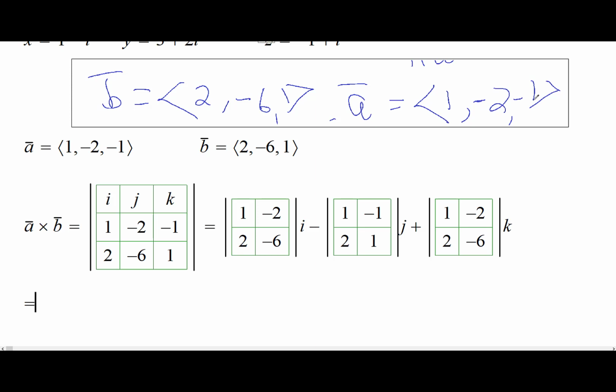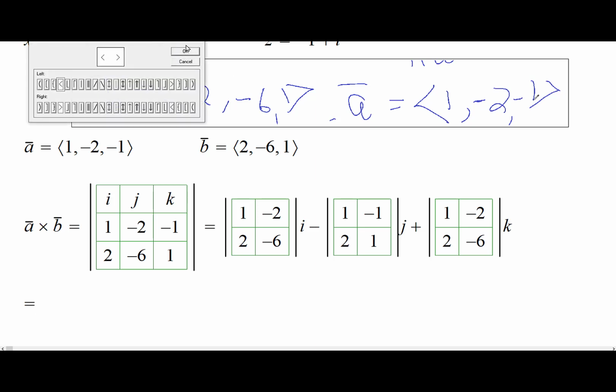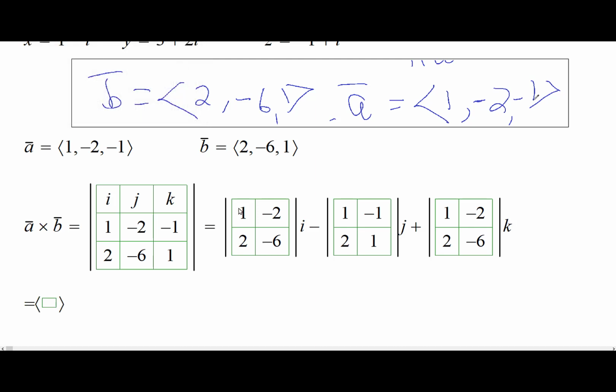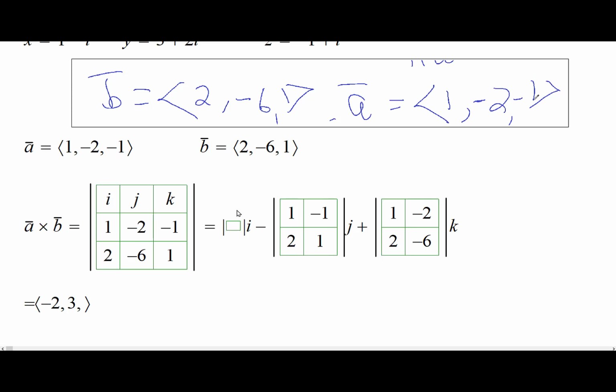So now this will become the vector, okay, which vector? I get -6 plus 4, that is negative 2 comma, then I get 1 plus 2, so 3, and then what do I get? Just a second, I made a mistake here. I shouldn't have done this here.